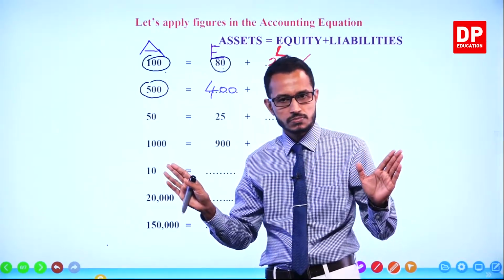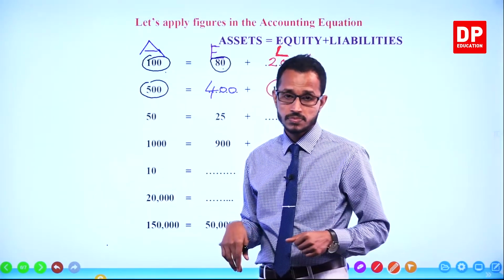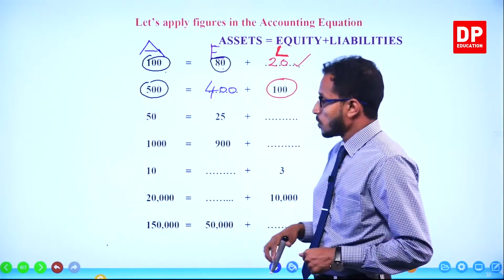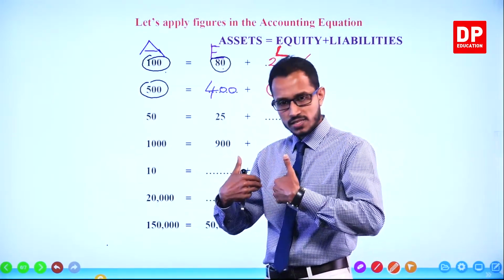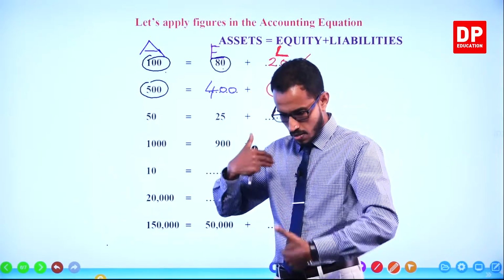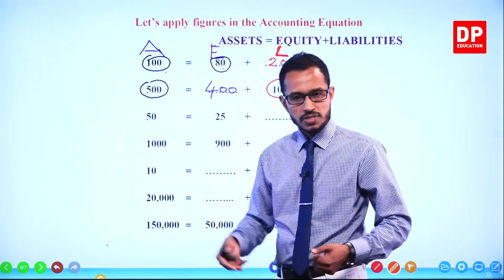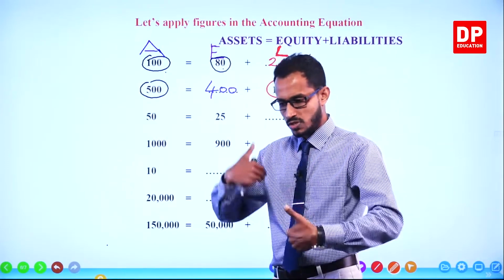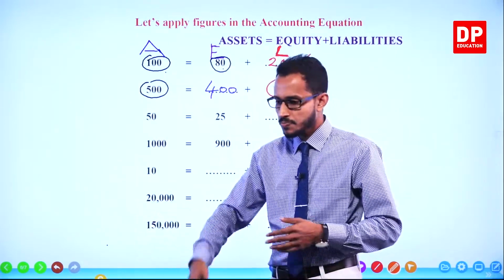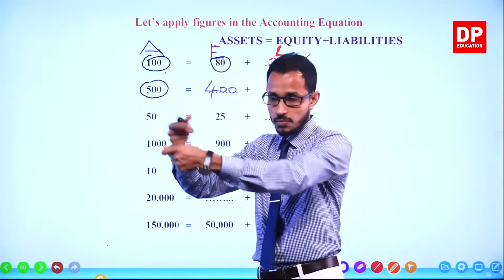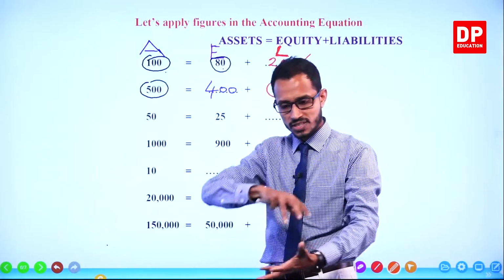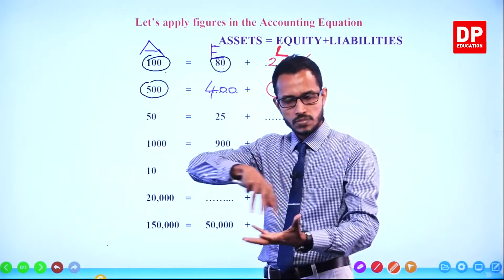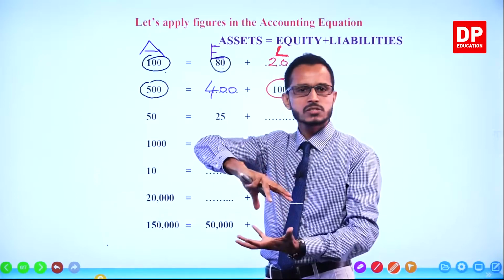There are no other things. For now, you remember. Likewise, only equity, the owner's investment, the resources invested by the owner, and the resources borrowed from external parties, only these two form the total assets. Okay?